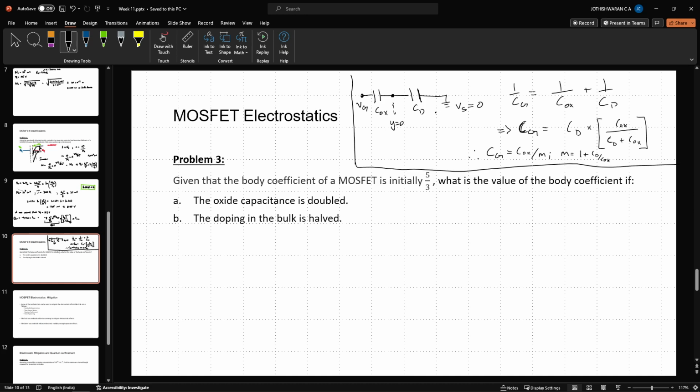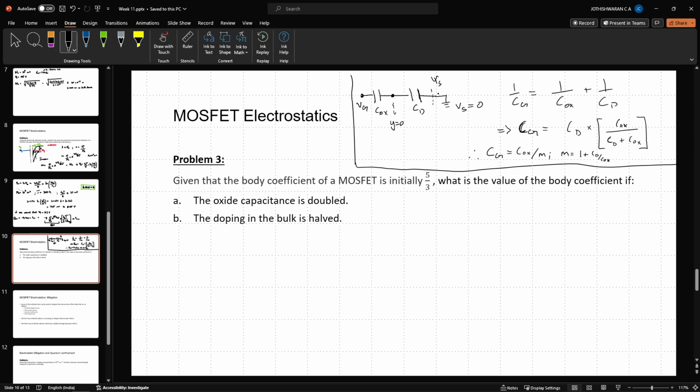As you can see here, ideally speaking, I will want my gate voltage to directly influence the surface potential. Effectively, psi s is achieved at this point because I will have to traverse through the entire depletion regime and then arrive at the inversion point.